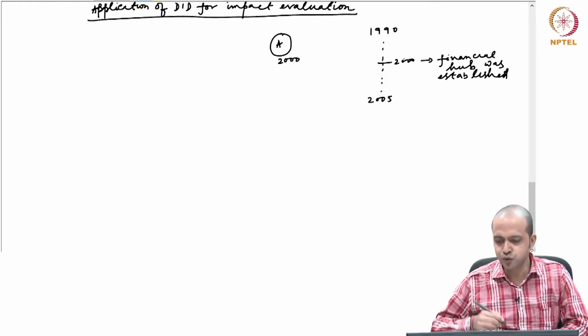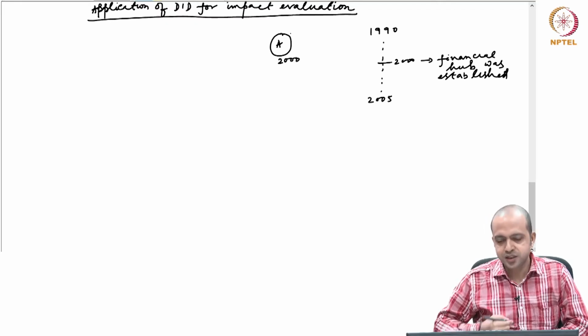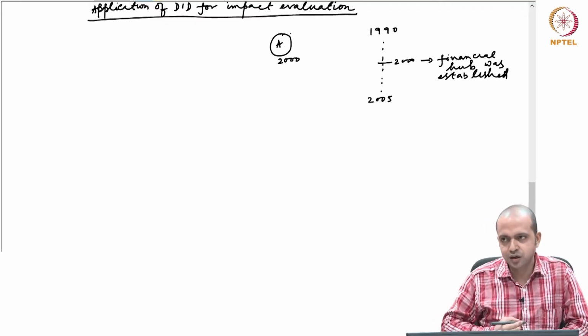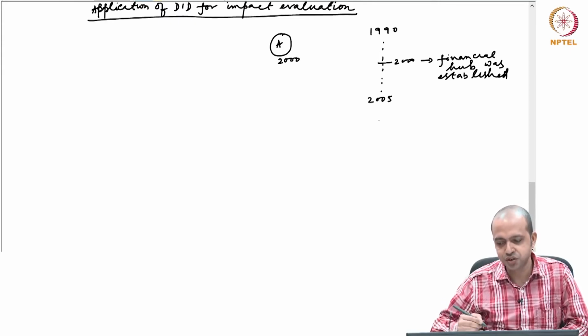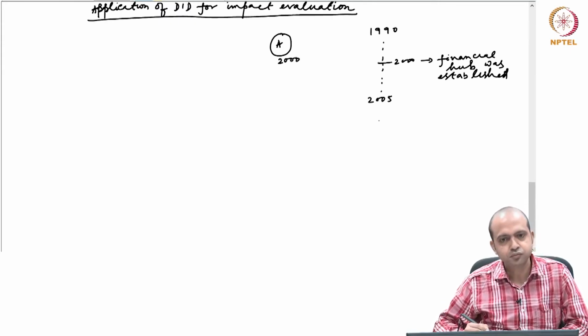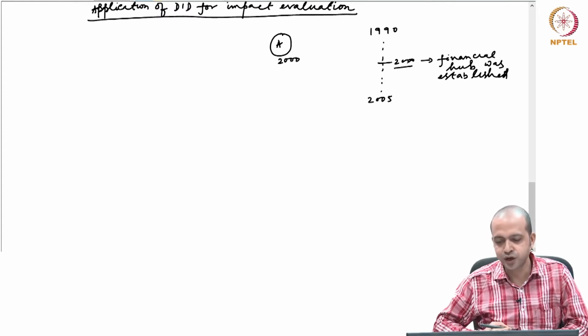So, if you collect the real estate data for this particular area, then you can say that I have 1990 to 2005, 16 years of data available, and you are thinking that in 2000 there was a setup of a financial hub.